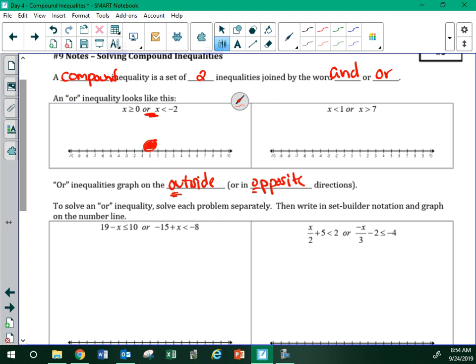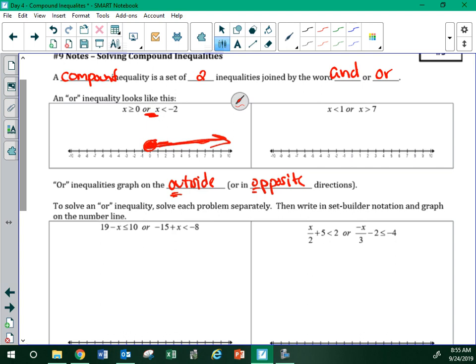And it is pointing to the right, so we will draw our arrow to the right. Right now I've only graphed x is greater than or equal to 0.